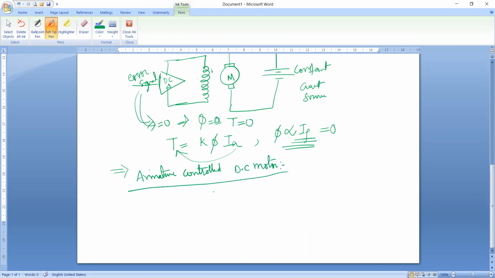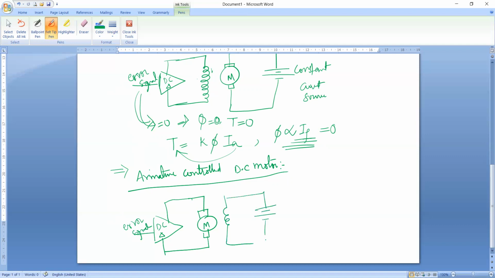Here the error signal is applied to the armature through a DC amplifier, and the field is supplied by a constant current source.